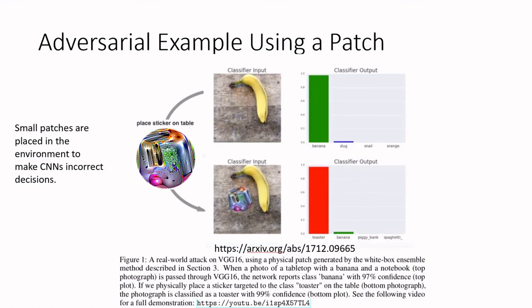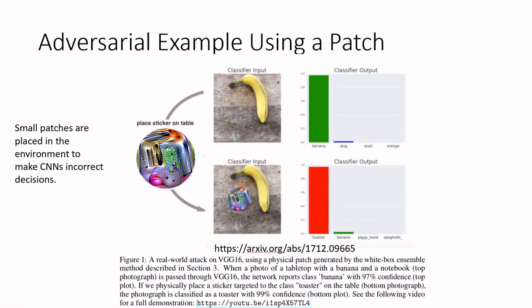So here is an image of a banana sitting on a tabletop. And when this image is presented to a trained convolutional neural network, the network comes back with a very, very high degree of confidence, almost 100%, saying that it's a banana.